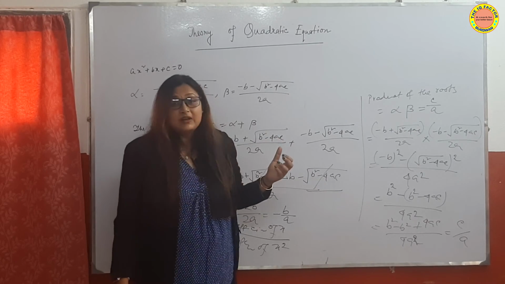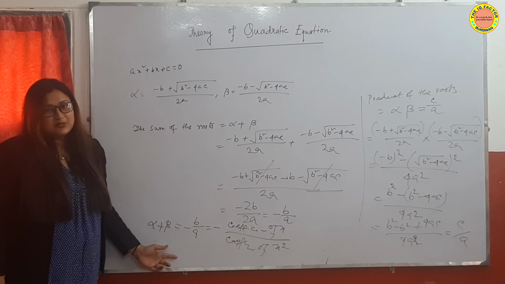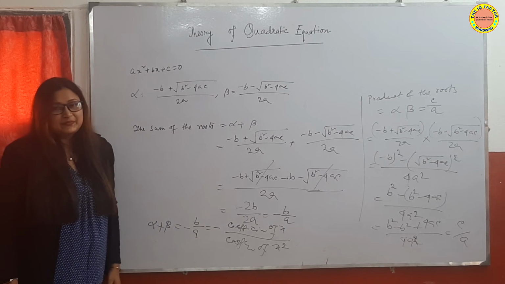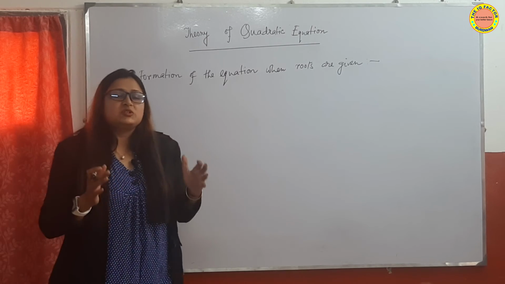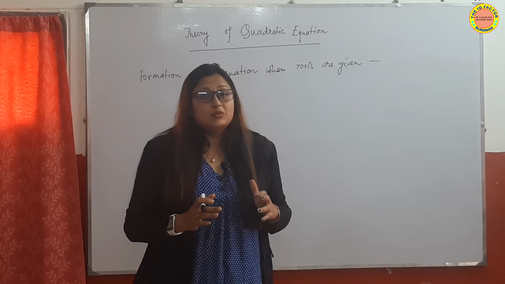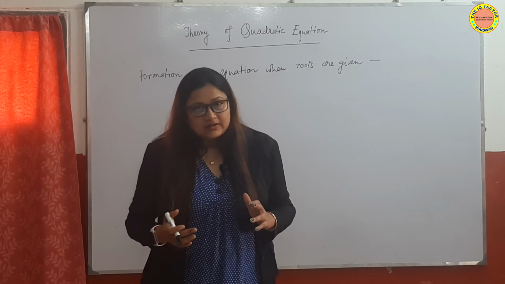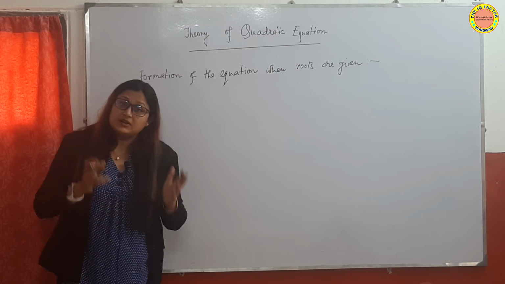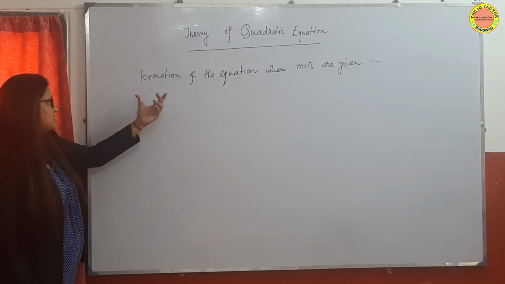So we have discussed when the quadratic equation is given, we can find out the two roots, alpha and beta. But conversely, when the roots are given, then what will be the equation? This we will discuss.